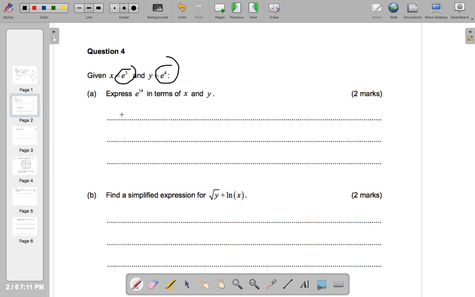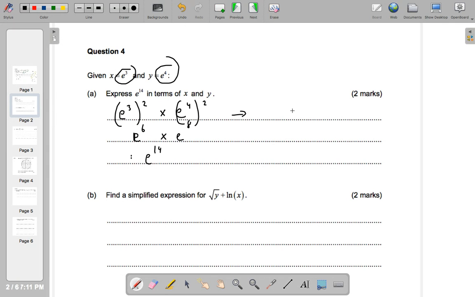Obviously there's a little bit of lateral thinking that goes into this, but I can think here that if I had e to the power of 3 squared, that would be e to the power of 6, and if I multiplied that by e to the power of 4 squared, that would be e to the power of 8. So e to the power of 6 times e to the power of 8, that would be e to the power of 14.